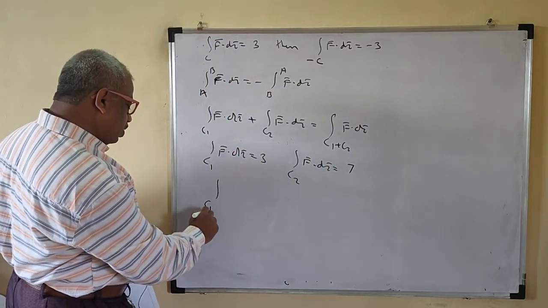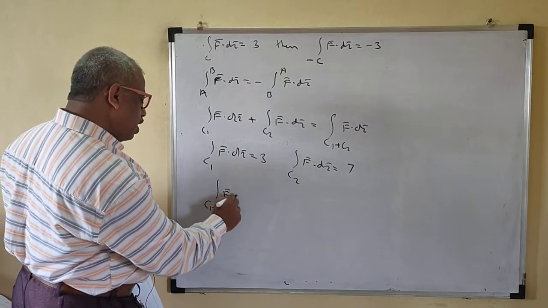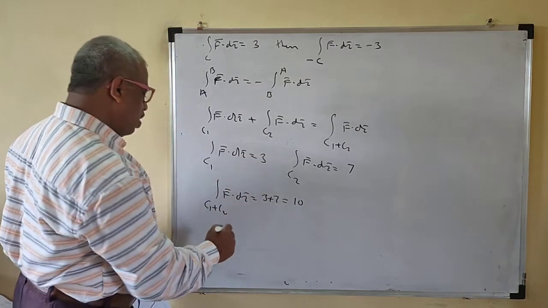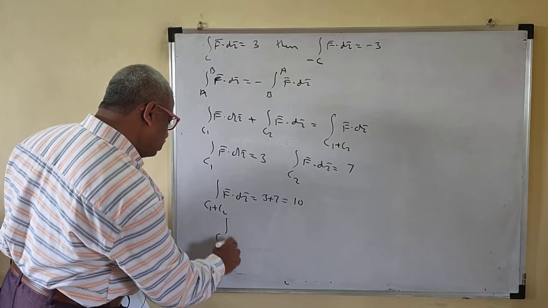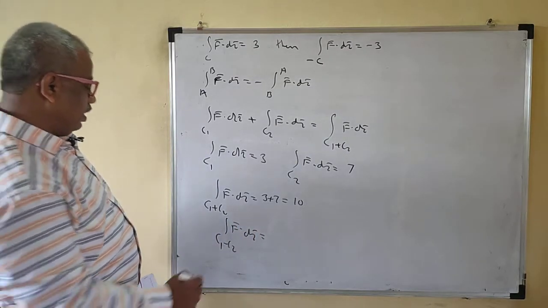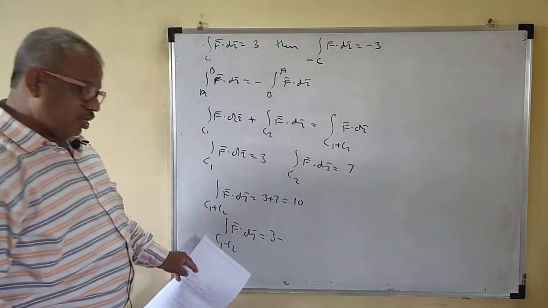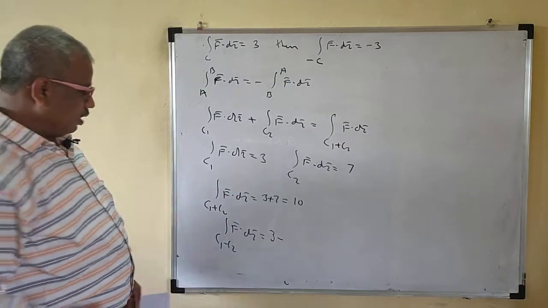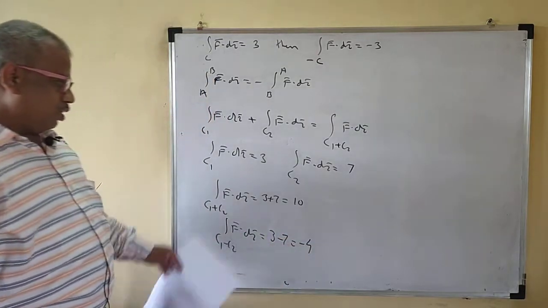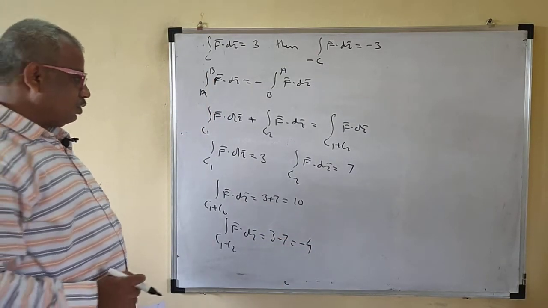Then the line integral over C1 plus C2 is 3 plus 7, which is 10. Or the line integral over C1 minus C2 is 3 minus 7, which is minus 4. So remember this.